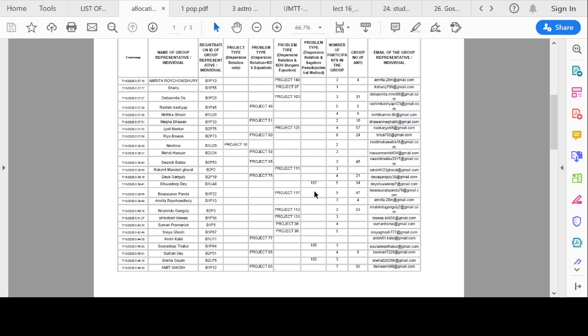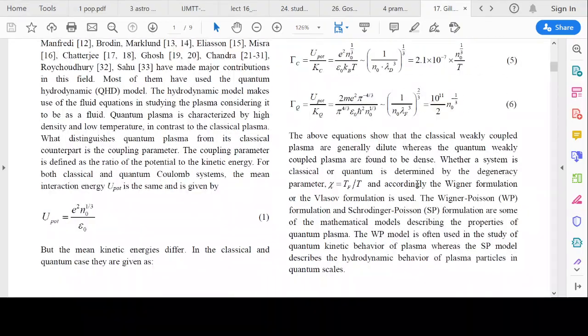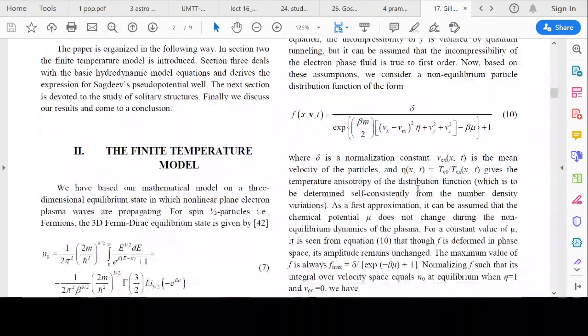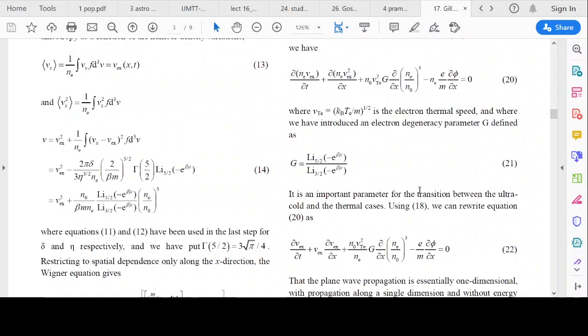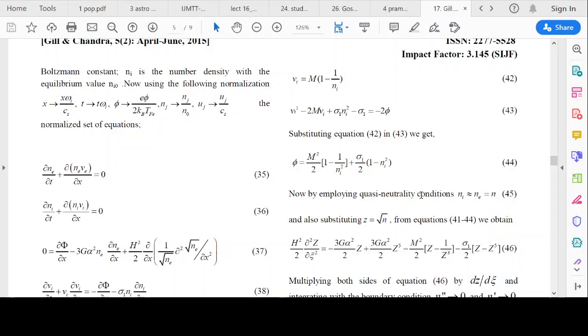I will suggest some books, some lectures, and how to carry out. And the technique is very easy. You have to plot the Sagdeev pseudo potential, and once you obtain the expression for Sagdeev pseudo potential like this, you can get different kinds of solutions.